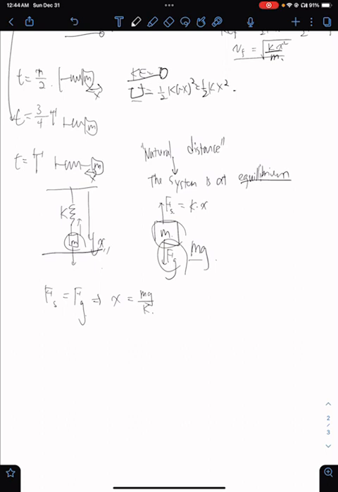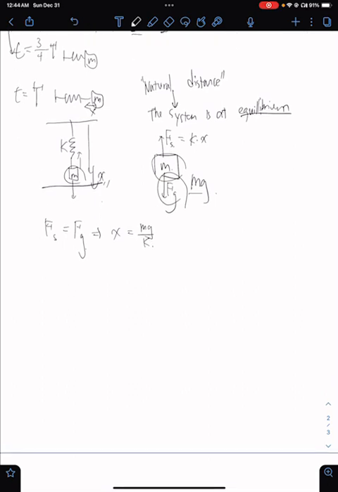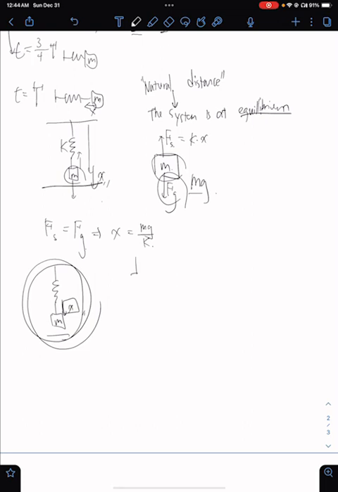So what this means is that if you just hang the block on the spring, the spring is going to naturally extend itself by a distance of x, and it's going to stay there. So the new distance x, this position here, is the new natural distance.